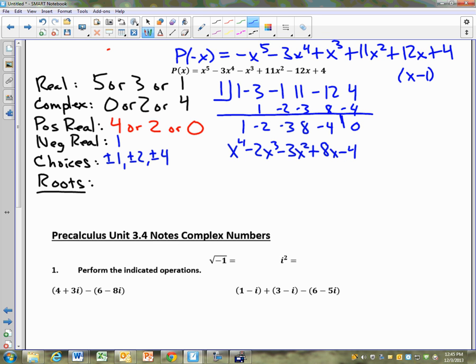Let's try 1 again. 1 minus 2 minus 3 plus 8 positive 4 minus 4, 0. 1 works again. So I have another factor of x minus 1. Let's divide it.